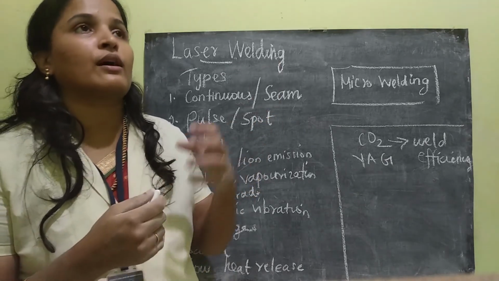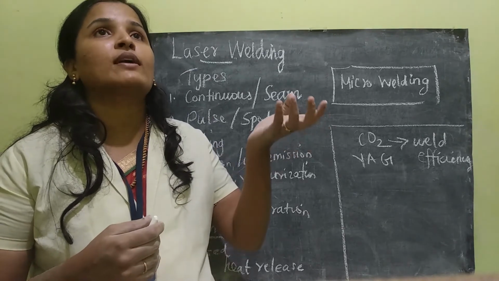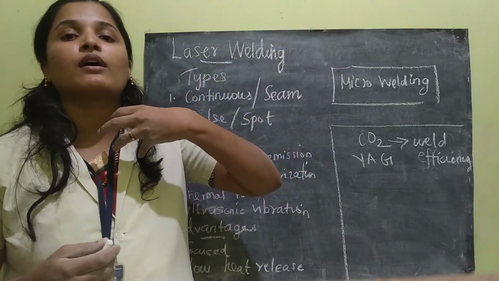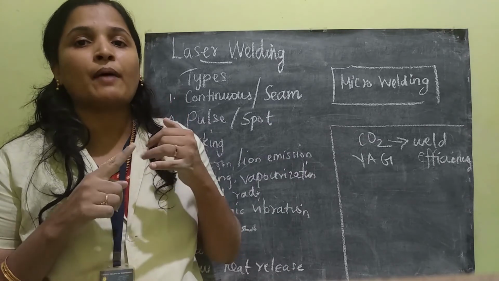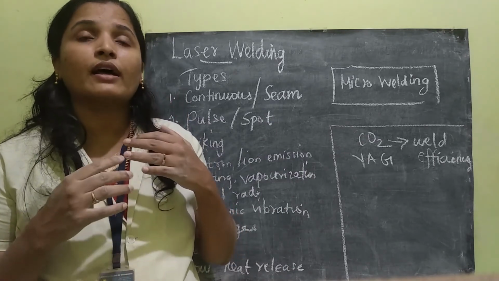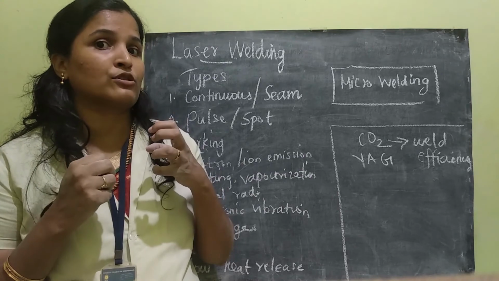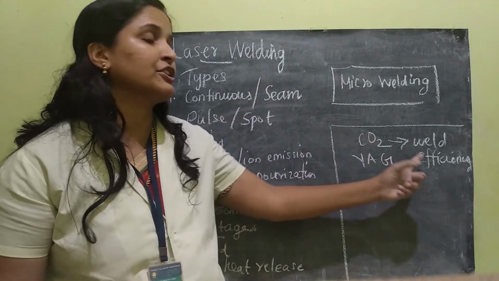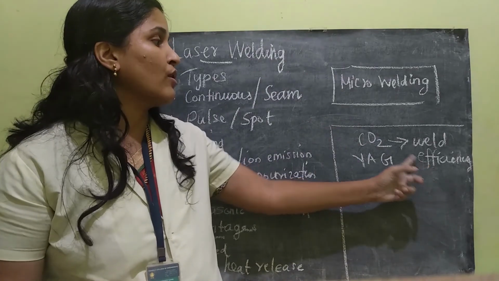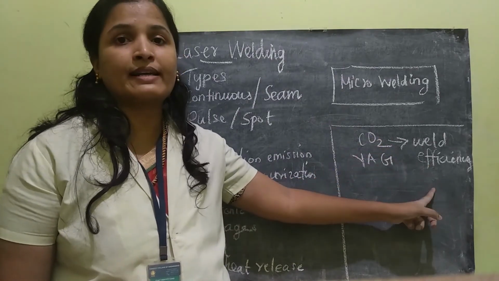As I have already said, when the light beam targets the material, two things will happen: part will be absorbed, part will be reflected. Our requirement is that everything should be absorbed. So if more power is absorbed, the weld efficiency is very high. CO2 lasers have very good weld efficiencies.